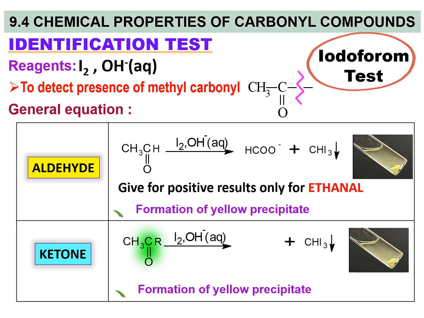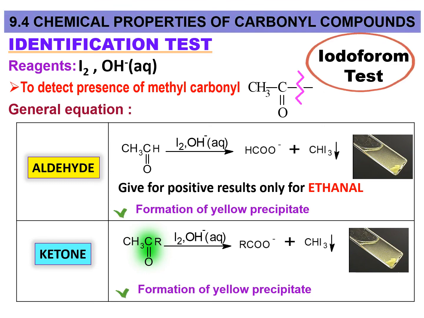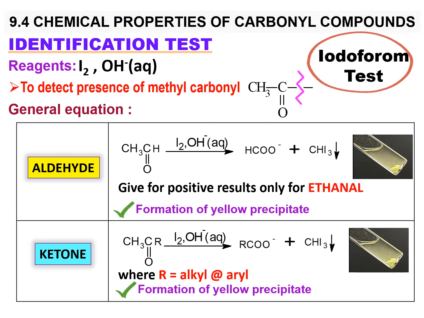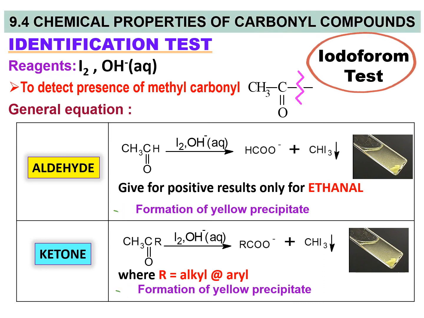The remaining RC double bond O will come out as the carboxylate ion, where for ketone, it can either be aromatic ketone or aliphatic ketone, as long as we have the presence of a methyl group bonded to the carbonyl C double bond O.